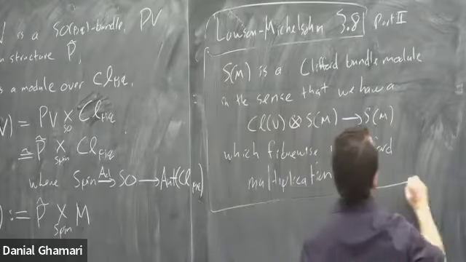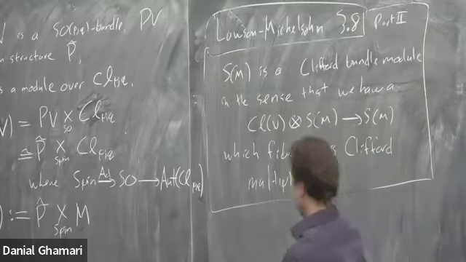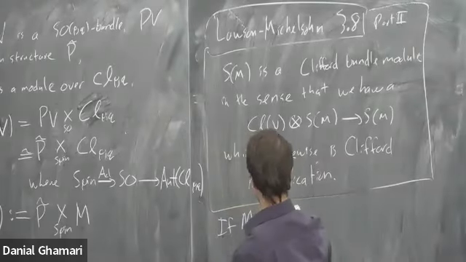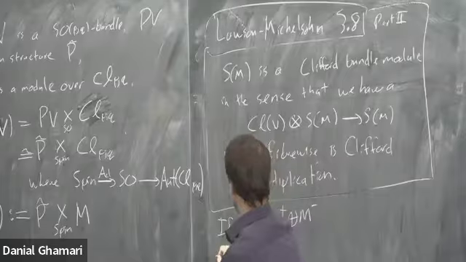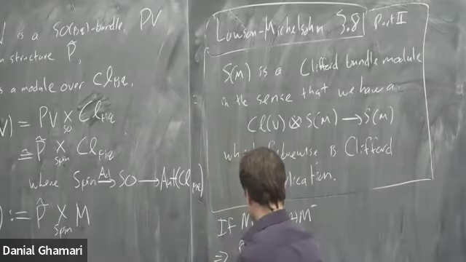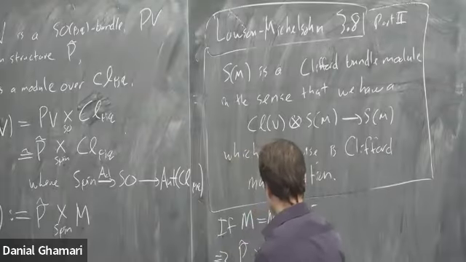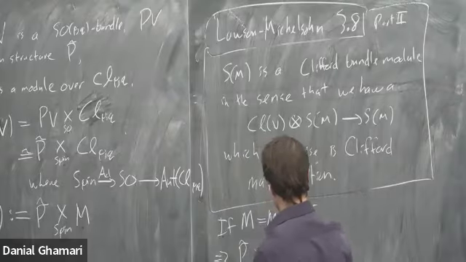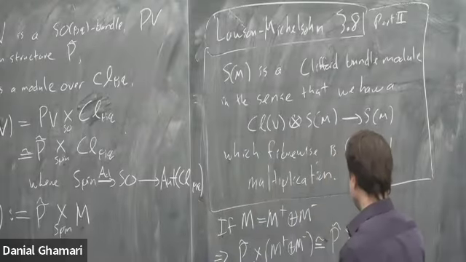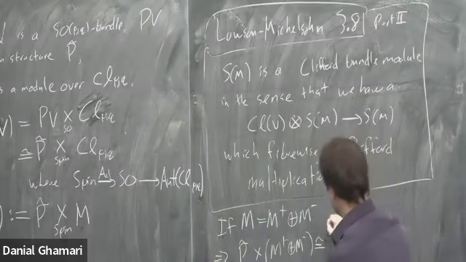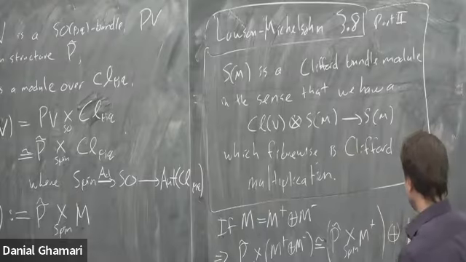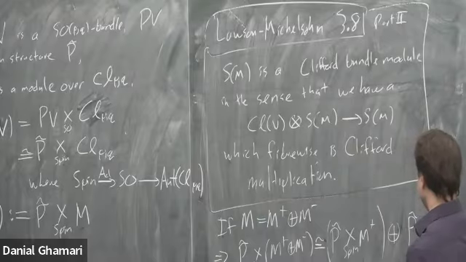And so not only is it a module, but if M splits into M plus and M minus, then if you take the spin bundle, so P spin, M plus plus M minus, this actually does split up as a direct sum. So the associated bundle where you plug in M plus, plus the associated bundle where you plug in M minus.